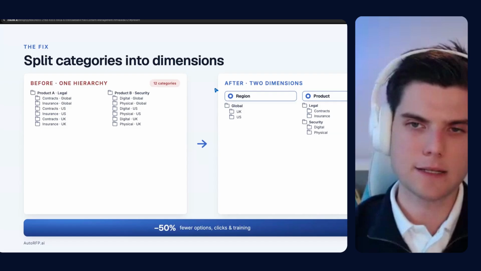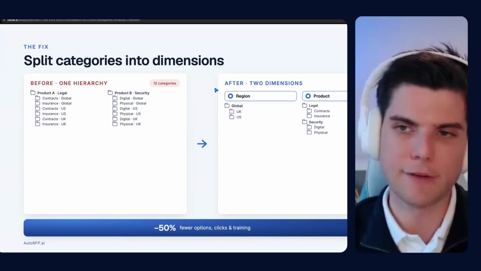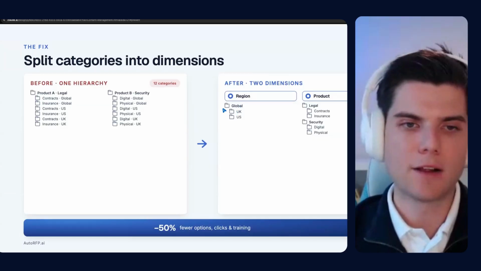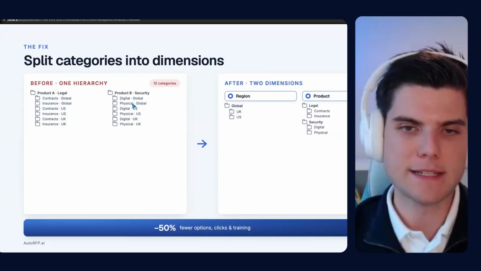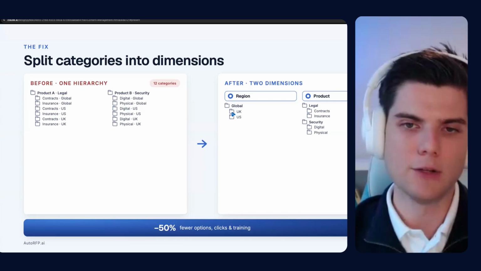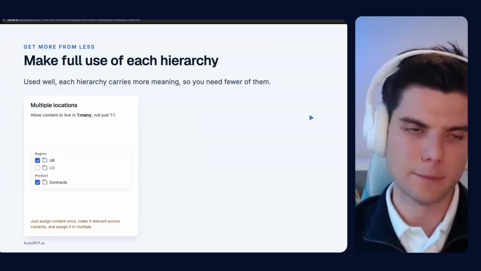It means it's less clicks, it's less training, it's less understanding, it's less terminology, it's less everything. And what that allows me to do is now have that content rather than save it in a very specific place. I can basically use it inside of this hierarchy and use UK and insurance. So let me explain that a little better.